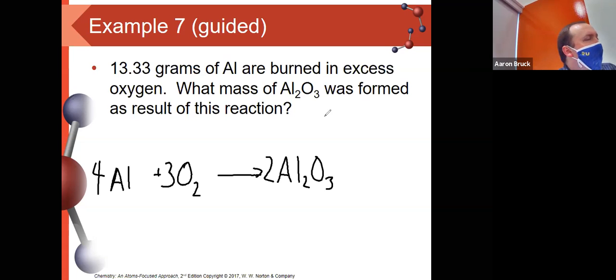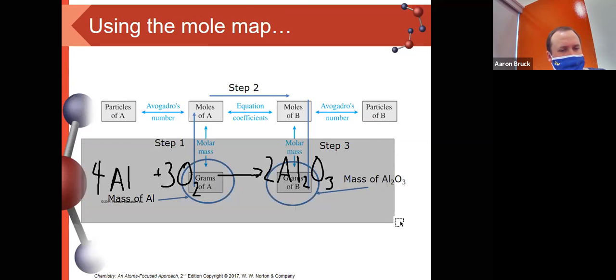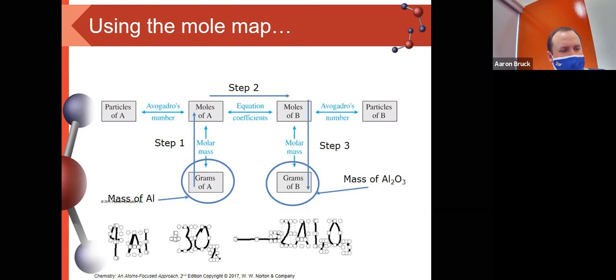That says that for every 4 moles of aluminum, I'm going to need 3 moles of oxygen, and I'm going to get 2 moles of aluminum oxide. I want us to keep this in mind as we start to walk through the process. So there's my balanced chemical equation.